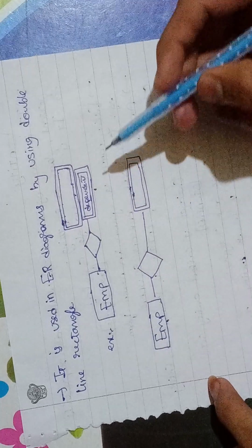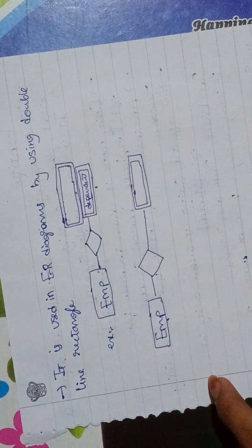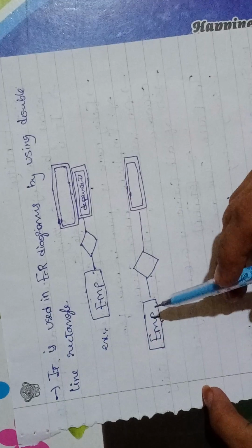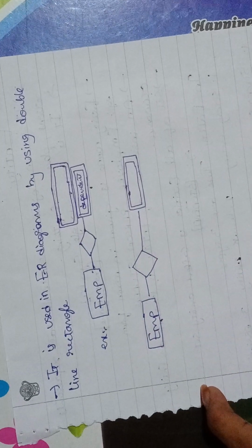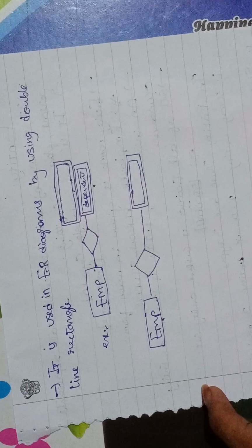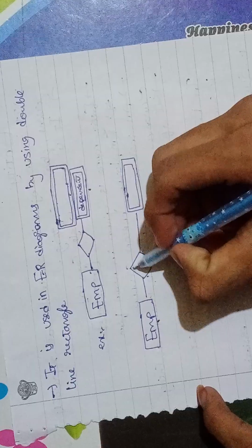Because it does not depend on any entity. Here dependent is a weak entity. Why? Because it depends upon the employee. So we can say it is a weak entity. Here the relationship is represented by a double diamond symbol.